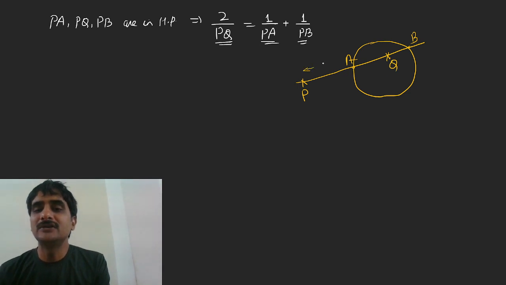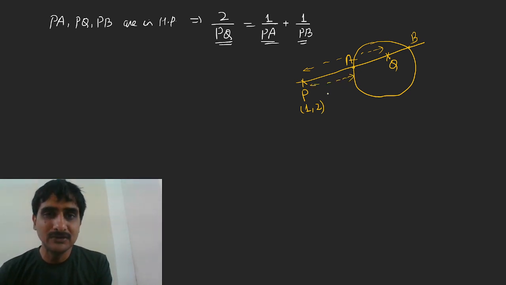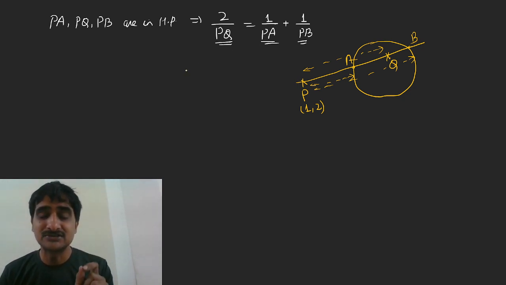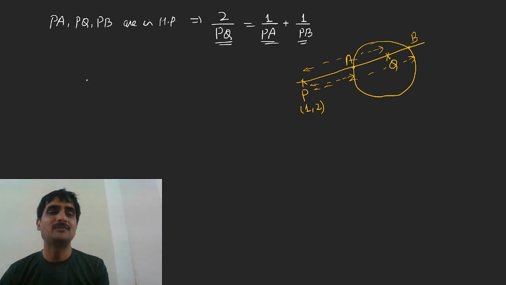PQ is the distance of Q from the fixed point P, which happens to be (1, 2). PA is the distance of A from P along the same line, and PB is again the distance along the same line. So wherever you need a distance along the line from the fixed point, I always suggest to start with the parametric form of the equation of line.